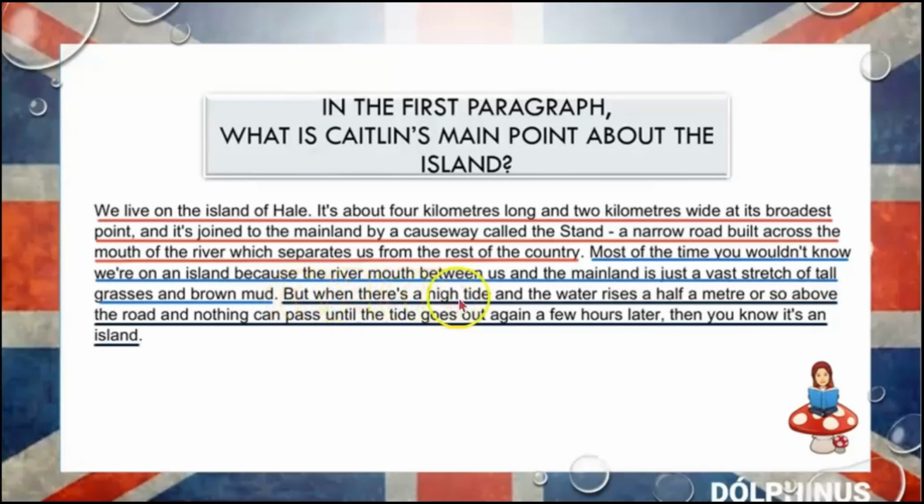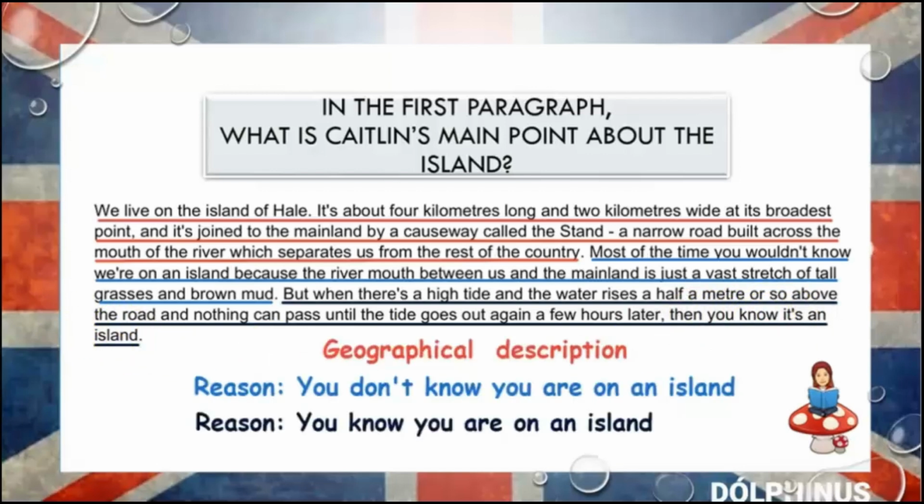But when there's high tide and the water rises half a meter or so above the road, and nothing can pass until the tide goes out again a few hours later, then you know it's an island. So now it's the contrary, the reason why you know you are on an island.